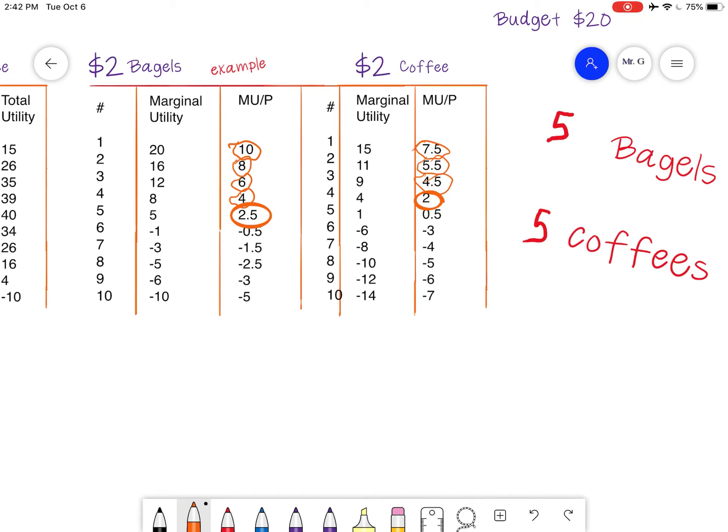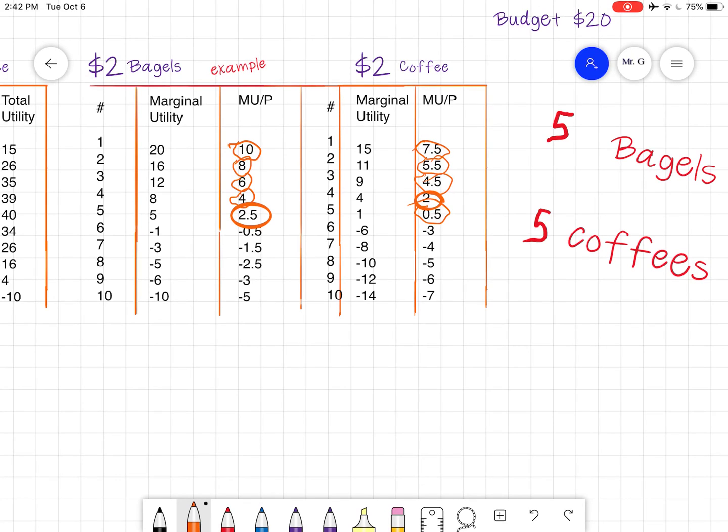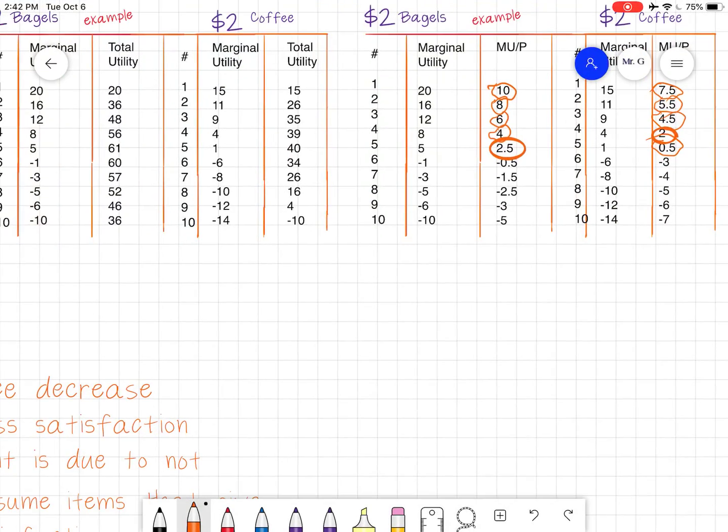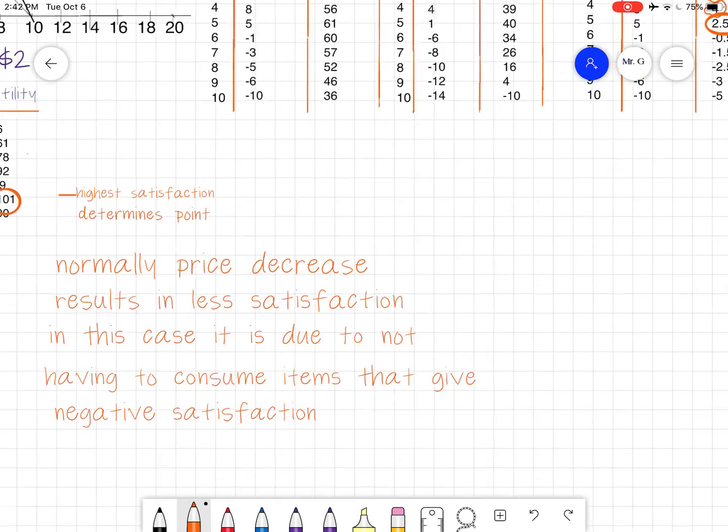Okay, and then we would be left with 0.5, and then that would be our choice. We've used up our full budget now, 5 of each, 10, 20, so that's exactly where we are. So once again, price changed the choices that we are going to make. So an increase in price is going to change our choices.